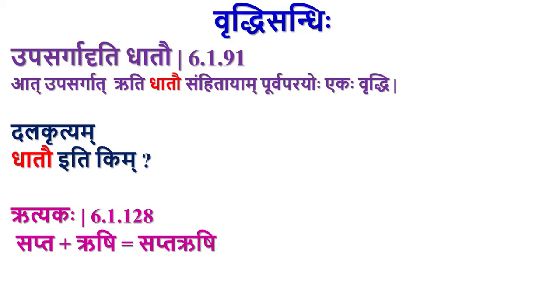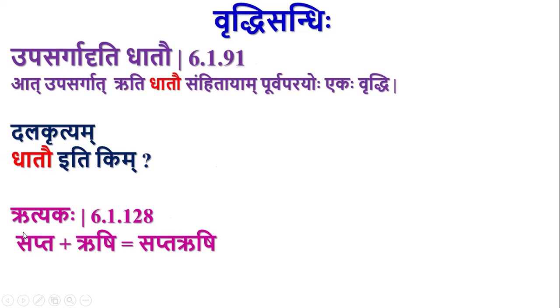So by upasarga it means that rukara is from a dhatu, but again the mentioning of the dhatu in the sutra implies that there will be no prakruti bhava of a plus ru by the sutra rutyakaha.